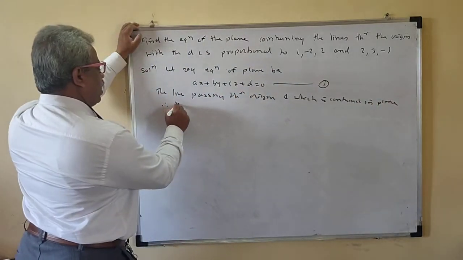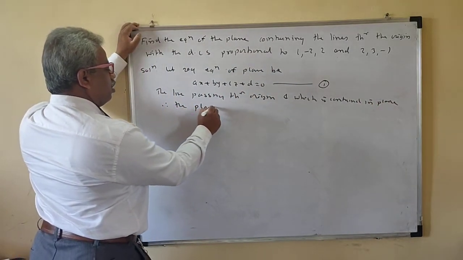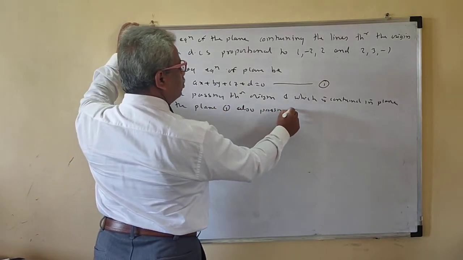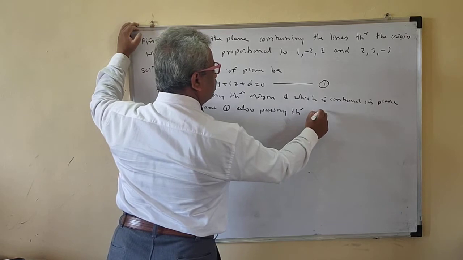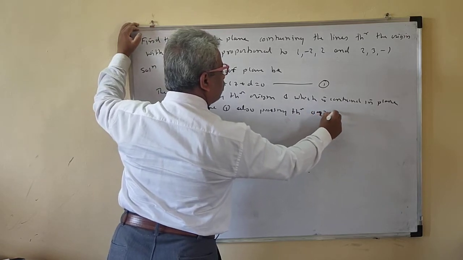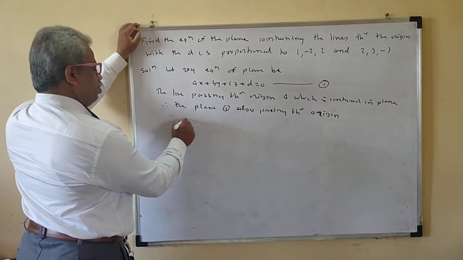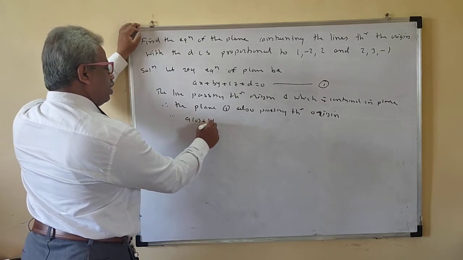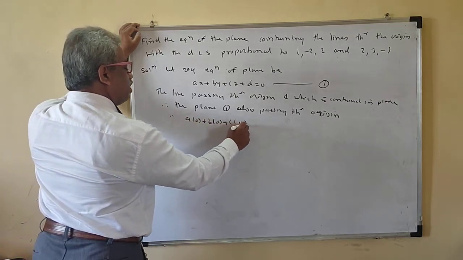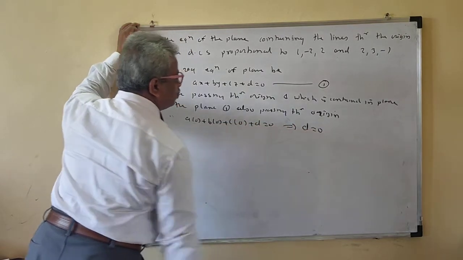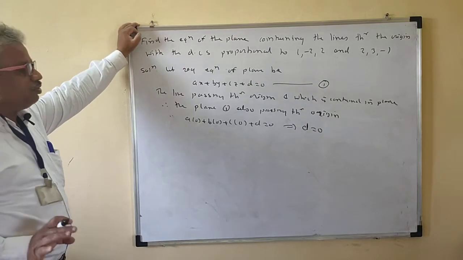So therefore the plane 1 is also passing through origin. So therefore a into 0 plus b into 0 plus c into 0 plus d is equal to 0, which implies that d is equal to 0. So you have the value d is equal to 0. What is our aim?